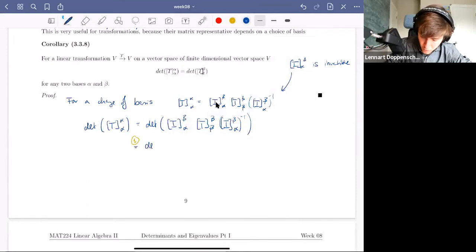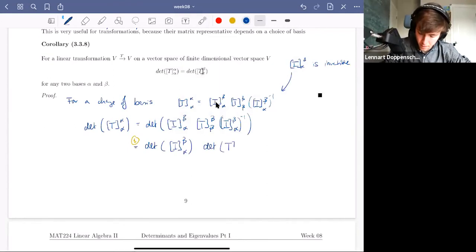So this is the determinant of all these matrices separately. So we can just have the determinant of I alpha beta. Then we can have the determinant of T beta beta, and then we have the determinant of I alpha beta inverse.